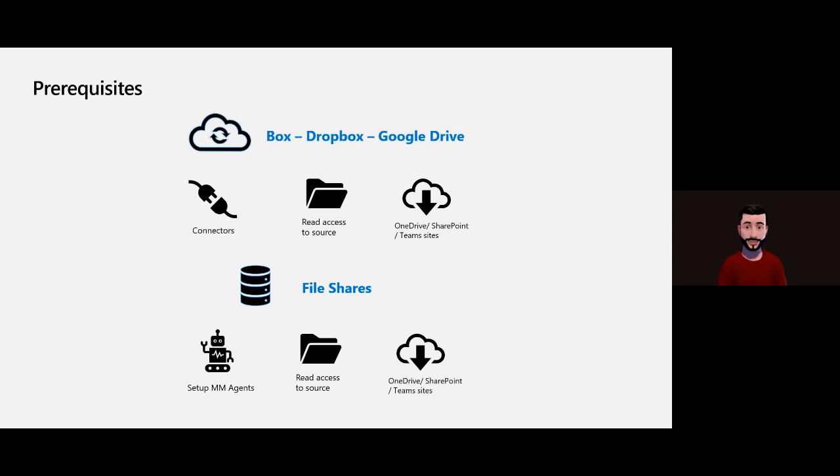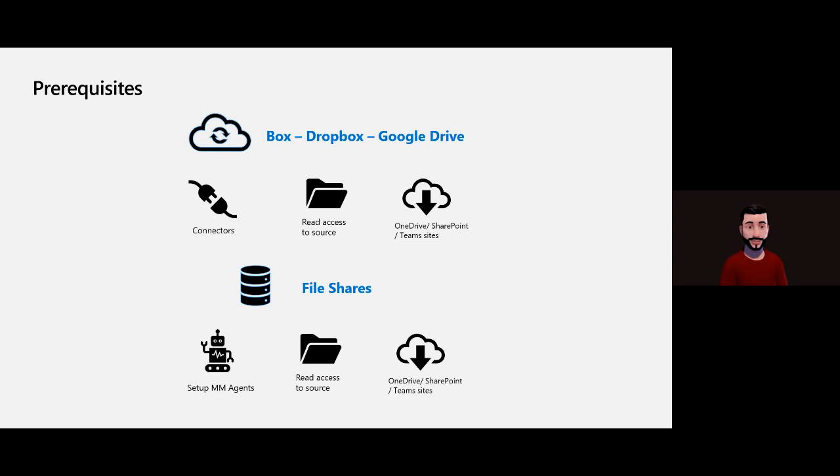So when you go to the SharePoint admin migration space, you're going to see all of these options plus another three or four handful of options that you can migrate from. And so one of the prerequisites is to create a connector.